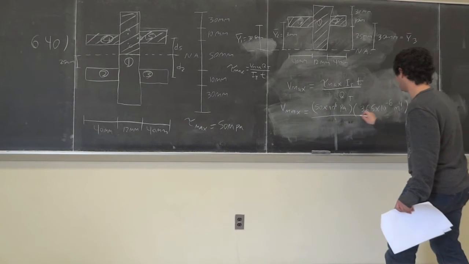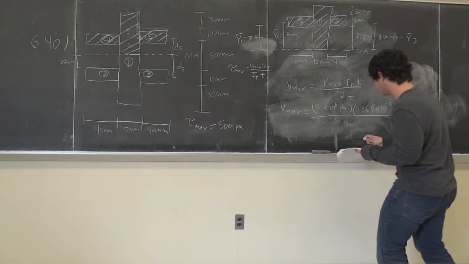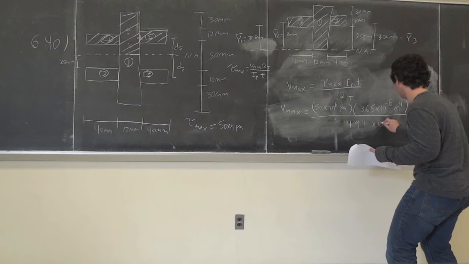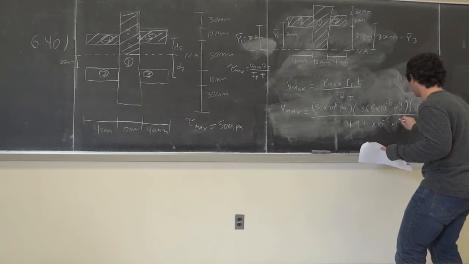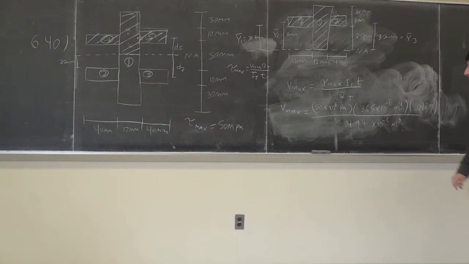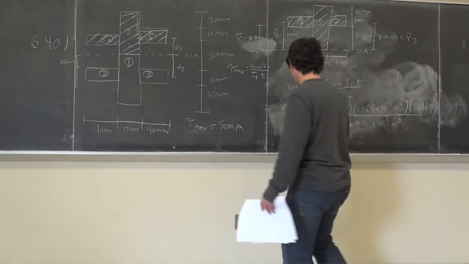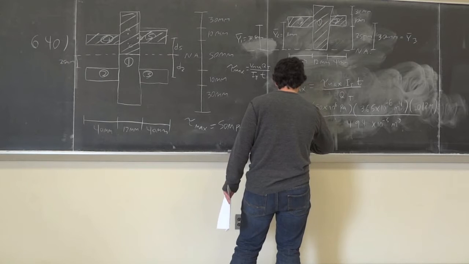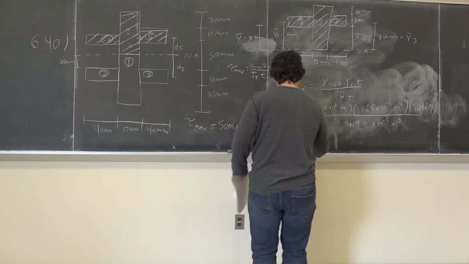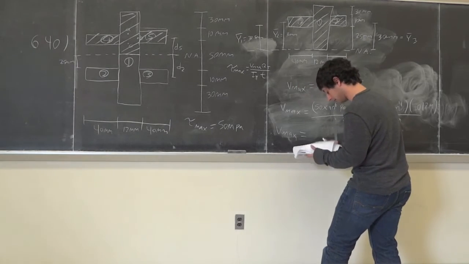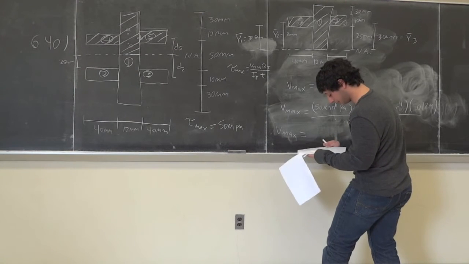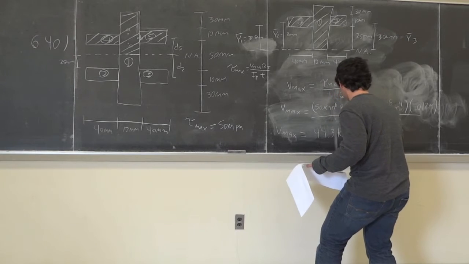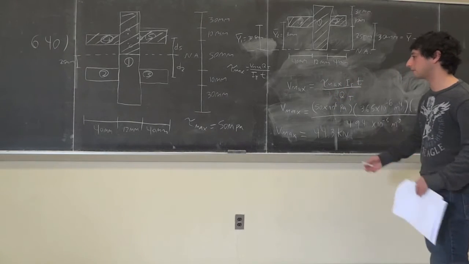And then that's all over Q total, which is 4.94 times 10 to the negative 5 meters cubed. I just converted it into meters. So the maximum shear force you get is 44.3 kilonewtons. So that's the first part of the problem.